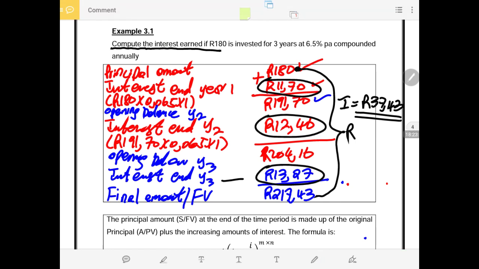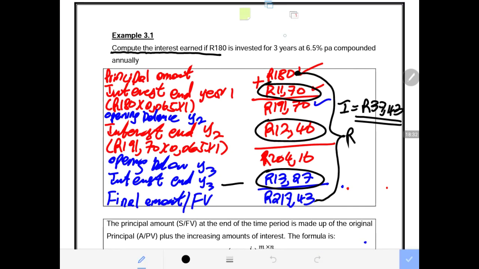And remember, I'm using manual calculations. If, let us say, this amount was invested for a period of 30 years, that will mean we'll have to calculate for almost 2 pages, doing all this working going down. That is why it is important for us to use the functions of the calculator, where the calculator can do shortcuts for us, or we can use other formulas that can simplify this calculation.